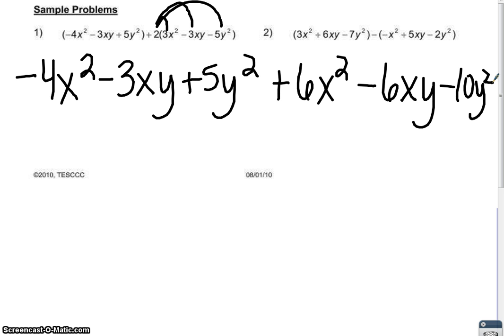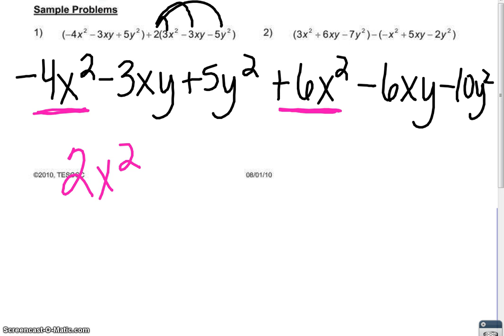So now that I have distributed, I'm going to combine my like terms. Now you must be careful with the like terms. They have to match exactly. So here we're going to go in alphabetical order. We're going to start with my x's. So I have a negative 4x squared and a positive 6x squared. So together that's going to give me 2x squared.